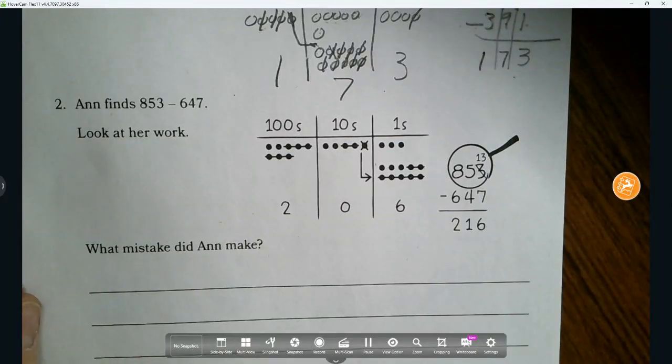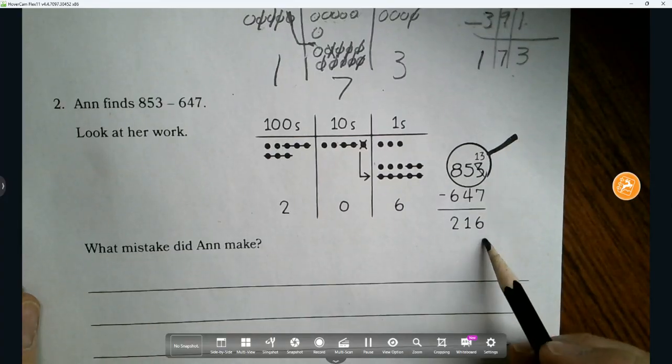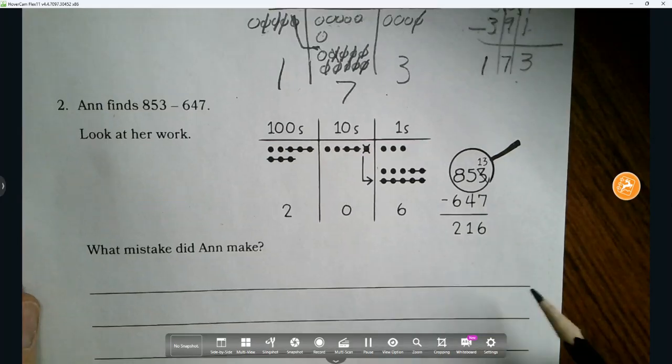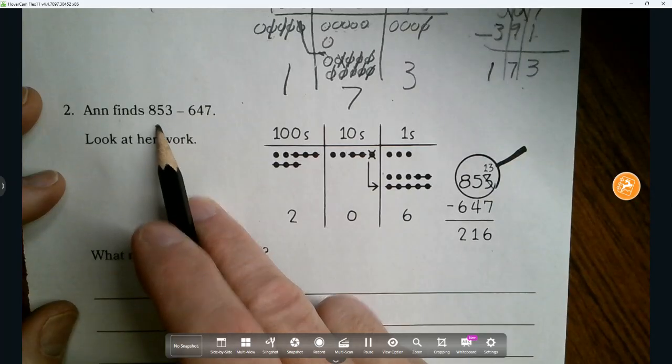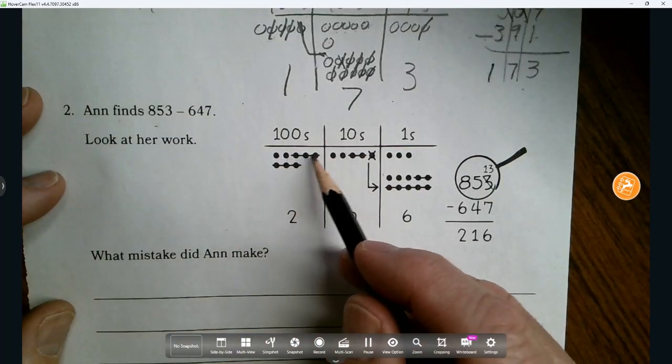All right. Anne finds that 853 minus 647 is 216. But this says Anne made a mistake. So we need to look and figure out where Anne made a mistake. Make sure you got this number right first. 1, 2, 3, 4, 5, 6, 7, 8.